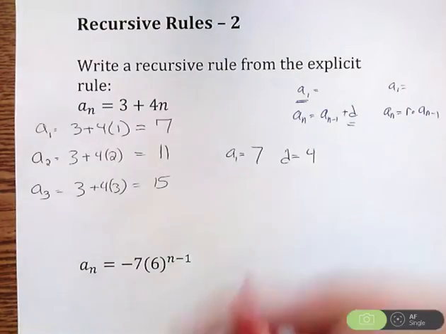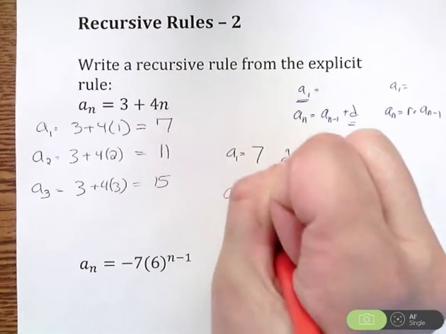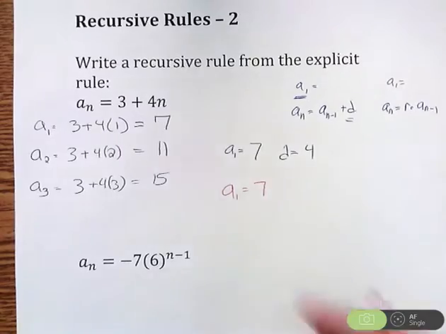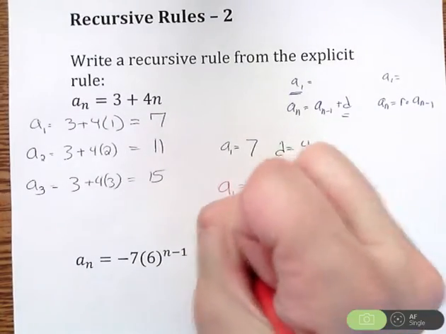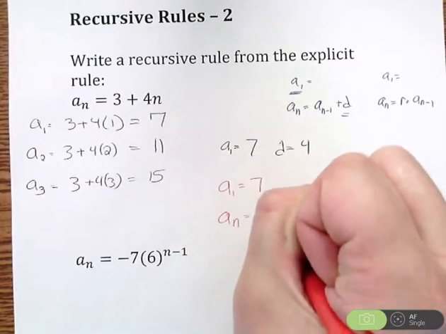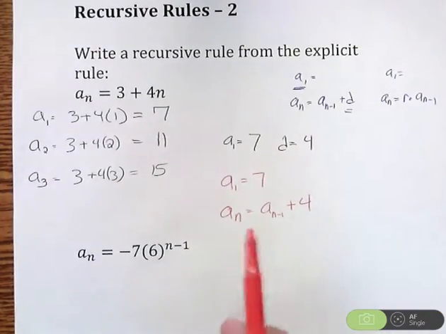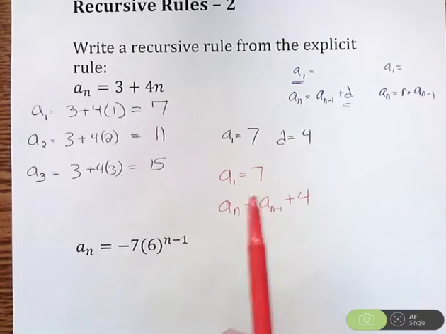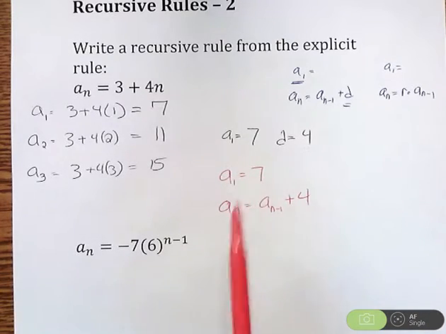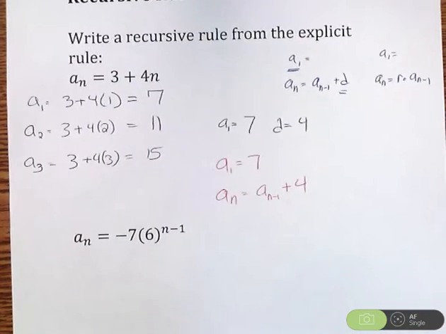My answer for the recursive rule is A1 equals 7, and An equals An minus 1 plus d, which in this case is 4. That in red is your complete recursive rule, with the first term and what to build off there.